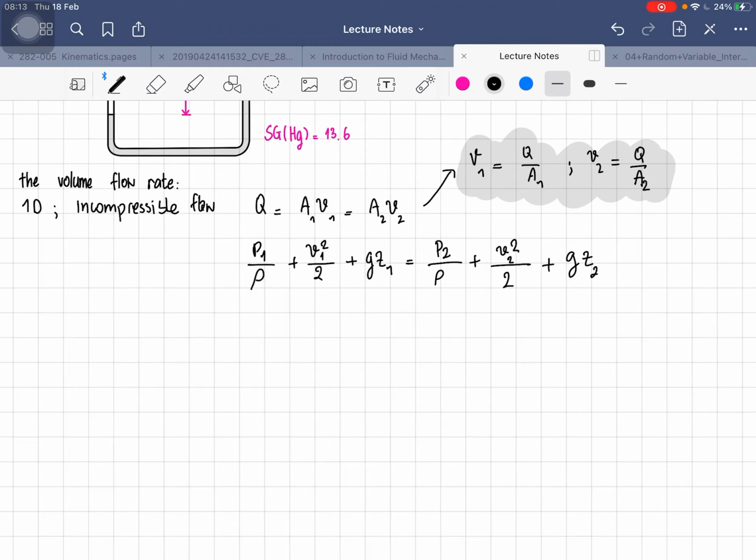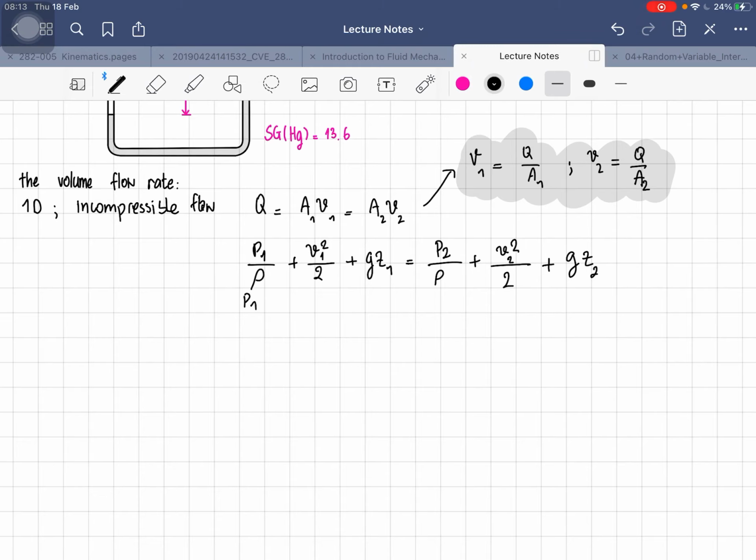So now we rearrange all of the pressure terms. We have the same density on the two sides because we have the same type of liquid, which is water. So the density stays the same, and the mass stays the same as well.